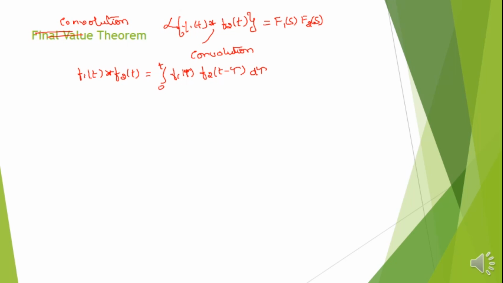So the Laplace transform of f1 of t convolution f2 of t is equal to integral from 0 to infinity, based on the Laplace transform, of the integral from 0 to t of f1 of tau f2 of t minus tau d tau, times e to the power minus st dt.